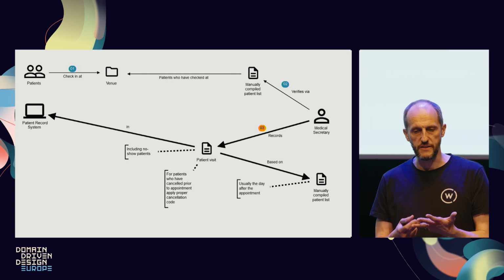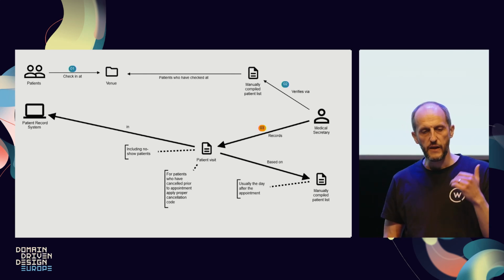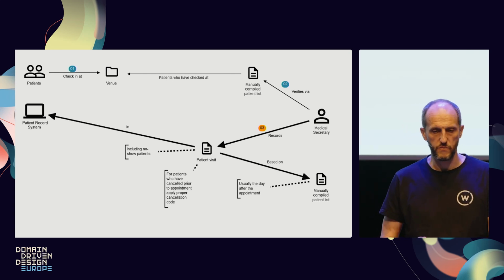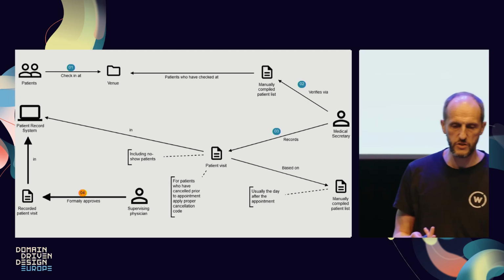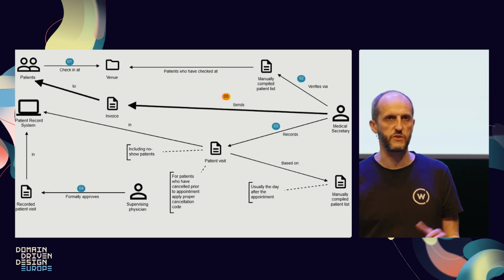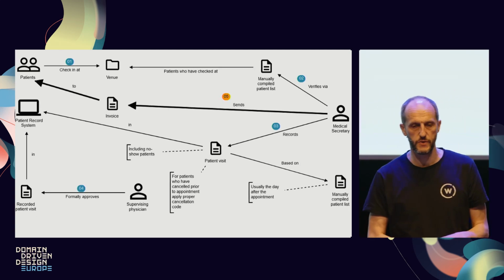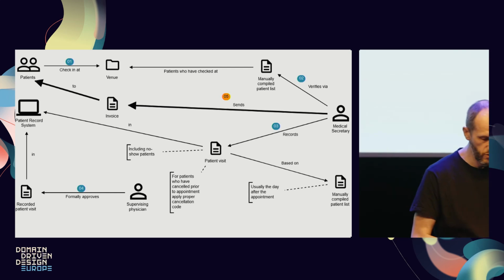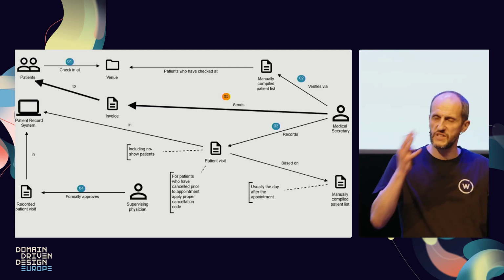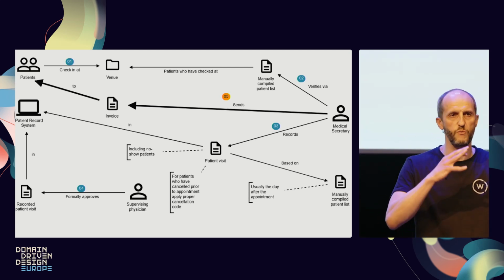So they register the attendance in the patient record system, which is verified by the physician, and then the medical secretary can send an invoice to the patients. So planning was more about scheduling, who is participating, what they are doing.